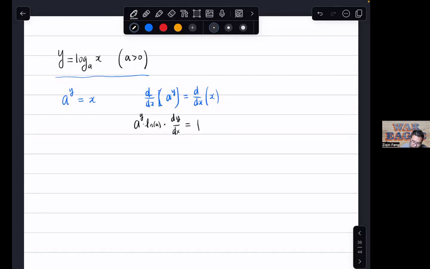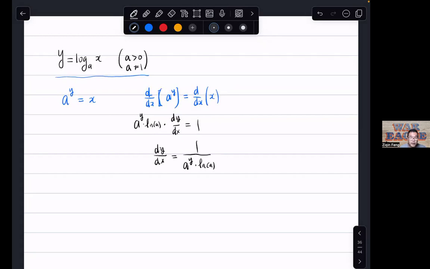So we get dy over dx is 1 over a to the y times natural log of a, and also we are assuming a is not 1, right? And again, here we want to change our function to a function of x.